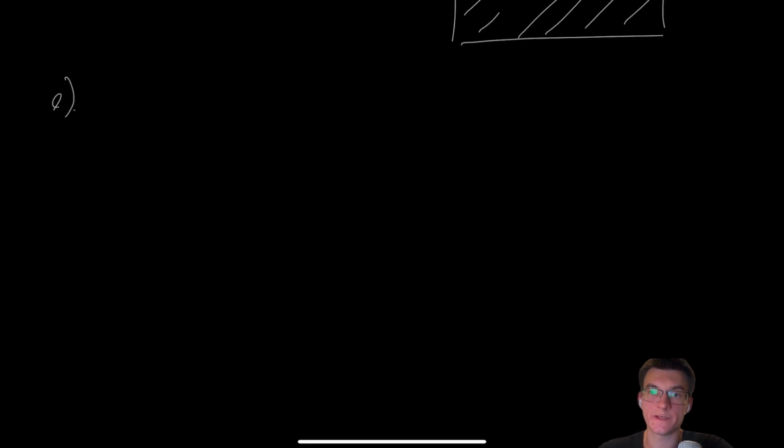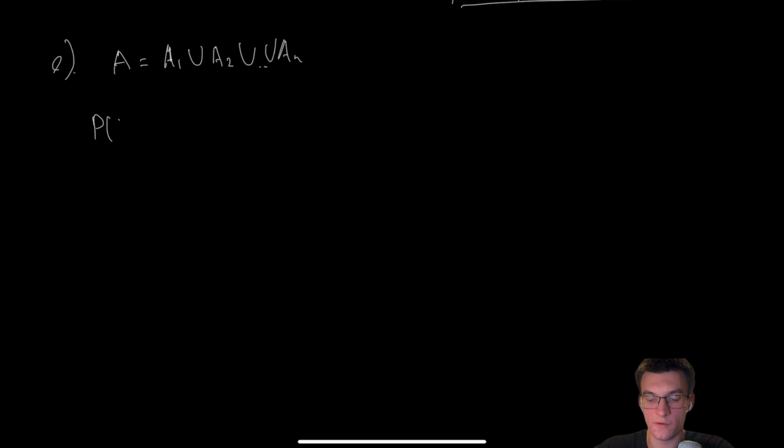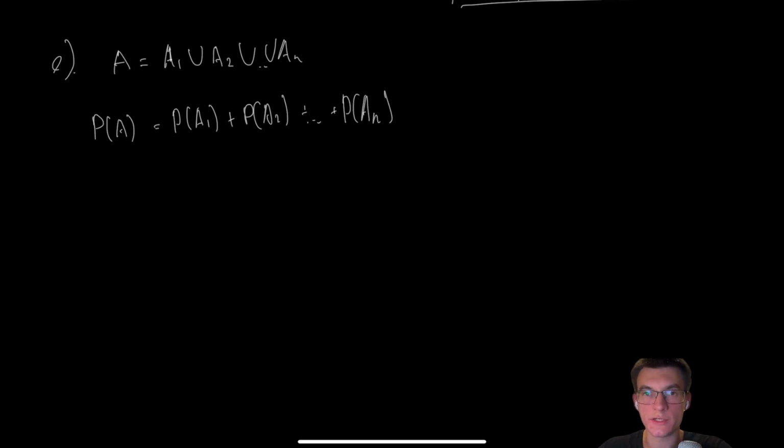The next theorem is that if we have A which equals A1 union A2 union A3, A4 and so on until An, in this case the probability of A equals the probability of A1 plus the probability of A2 and so on until the probability of An, in case they are mutually exclusive. We already covered what mutually exclusive is, so please refer to our previous videos.